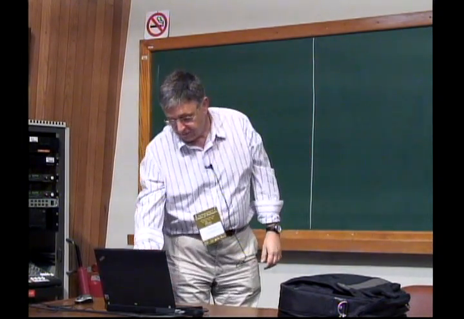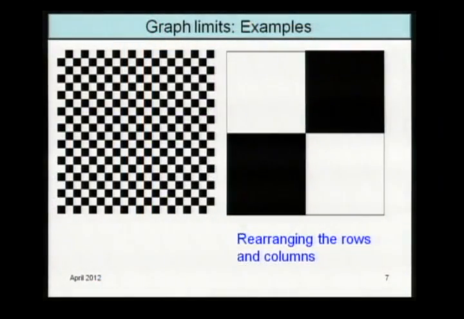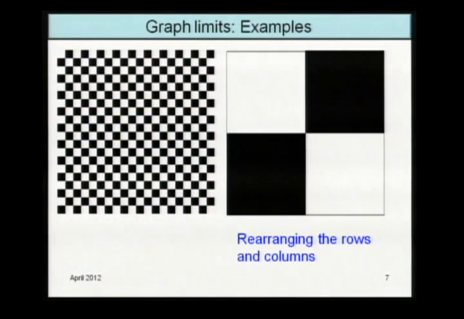As a matter of fact, here we can rearrange the rows and columns: start with the even ones and then put the odd ones later, and then you get this picture. In this case it's obvious what the limit is, because for whatever n, you always get this picture, so this picture should be the limit.